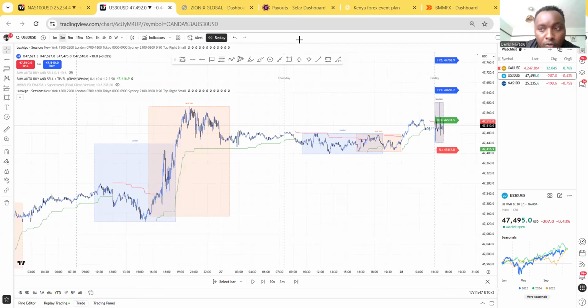Price pushed up, hitting my take profit one, and continued pushing up. I don't know if it hit our take profit two, but this take profit one here is enough.